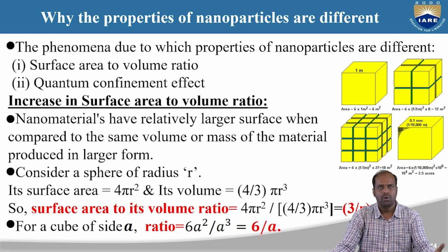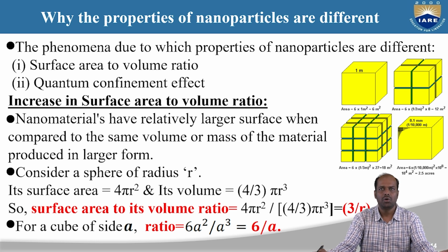Why? Because of surface area to volume ratio, one major point is that nanomaterials have relatively large surface area. The area is large when compared to the same mass of the material produced in a larger form.